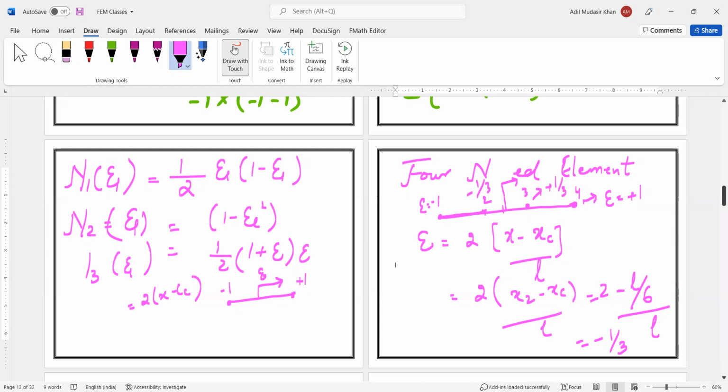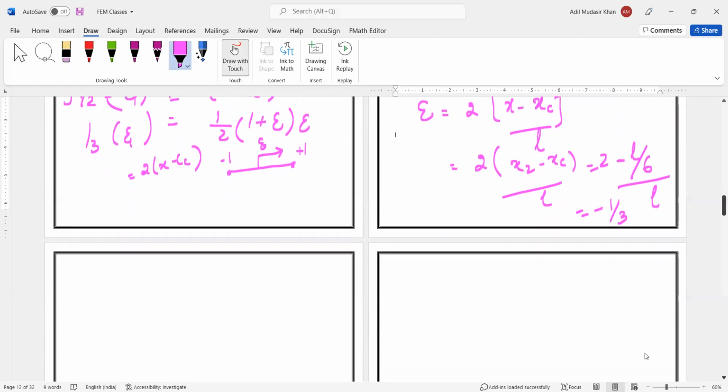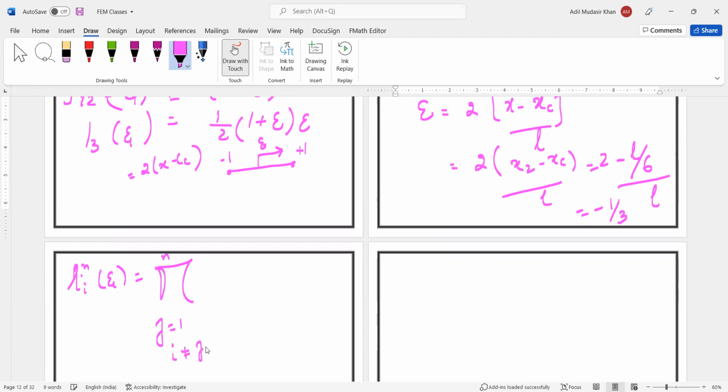So based on this, we can therefore write our shape function formula in terms of the normalized Lagrangian polynomial, that is Li as a function of zeta is equal to the product over j going from 1 to n, where i is not equal to j, of zeta minus zeta j divided by zeta i minus zeta j.